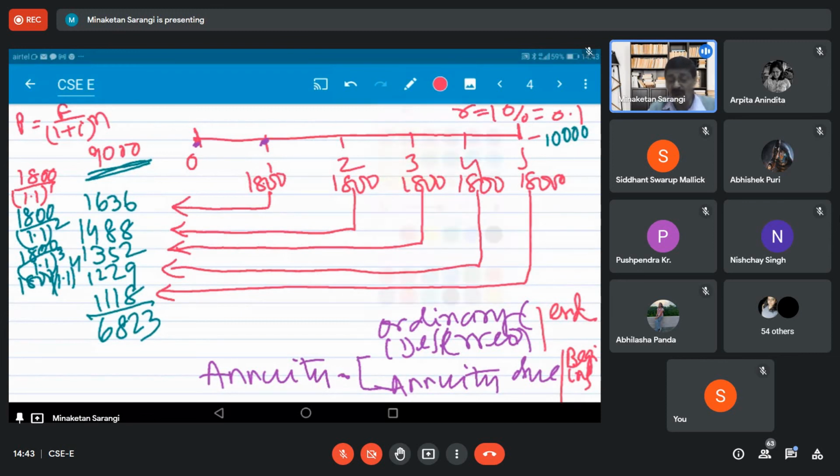Now, if the payment is made in this way, 1800, 1800, 1800, 1800, and 1800, then this is the case of annuity due. But when payment is made at the end of each year, that we say this is the ordinary or deferred annuity. Is this concept clear or any doubt?